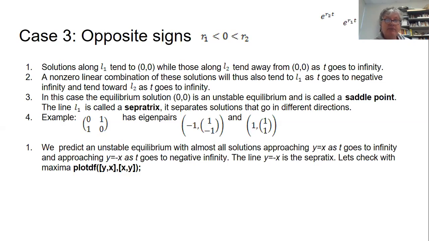So here, for example, we have the matrix 0, 1, 1, 0. And hopefully you can see that it has eigenvalues 1 and -1, right? 1 plus -1 is 0, which is the trace of that. The determinant of that is -1, which is the product of those eigenvalues. And there are the eigenvectors there.